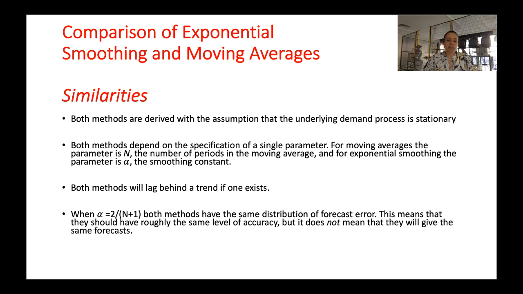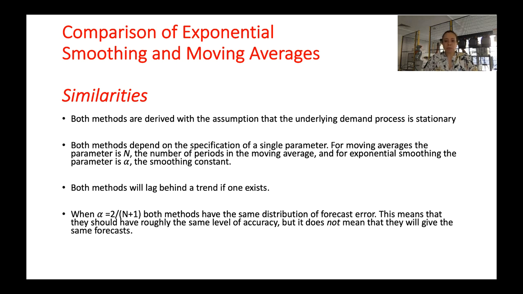Firstly, I want to start with the similarities. Both of the methods are obtained with the assumption that the underlying demand process is stationary. I mean, if there is a trend in the data, then both of the methods are not suitable for that data. They will lag behind a trend if one exists.